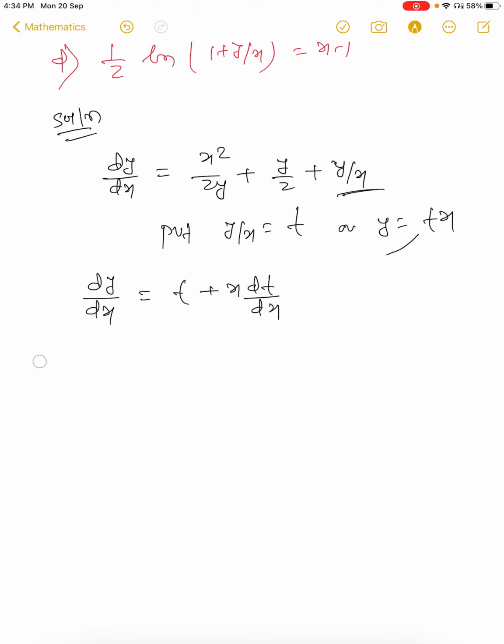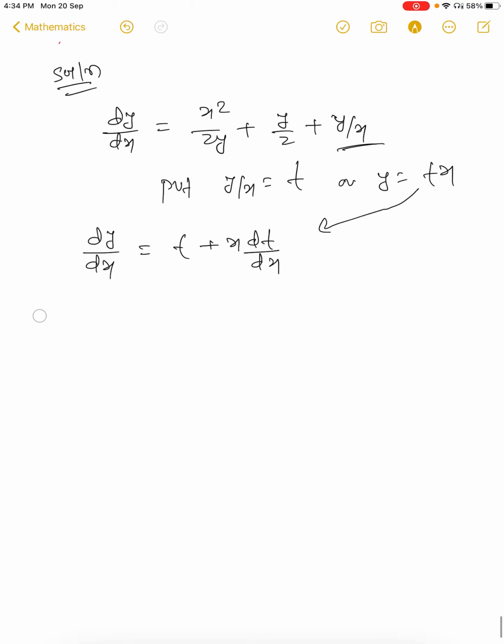Okay, and it becomes variable separable. So from here, t plus x dt/dx is equal to 1/(2t) plus t/2, since y is equal to tx.